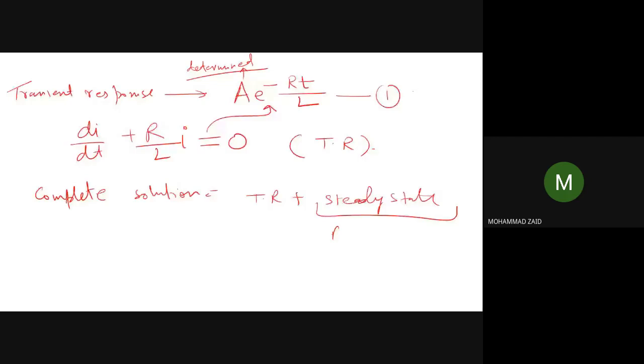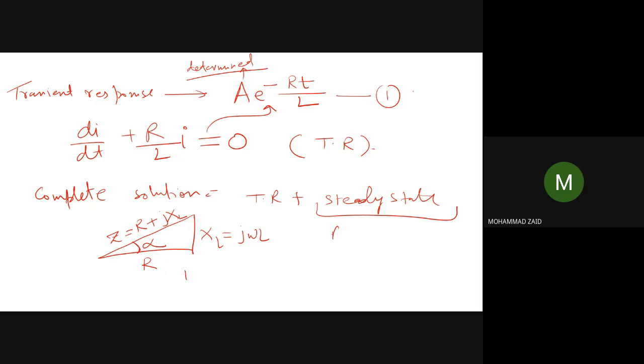Let us draw a phasor in which this is R. Since this is the AC part, we cannot write L, but we have to write XL. XL is equal to j omega L, so this will become Z. Z is equal to R plus jXL, and this is the phase angle of the impedance, which we denote with alpha.